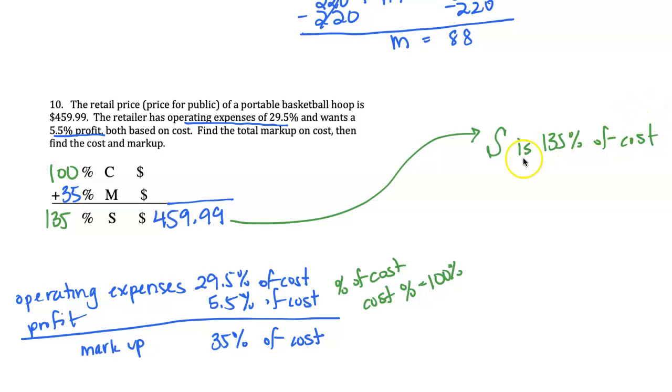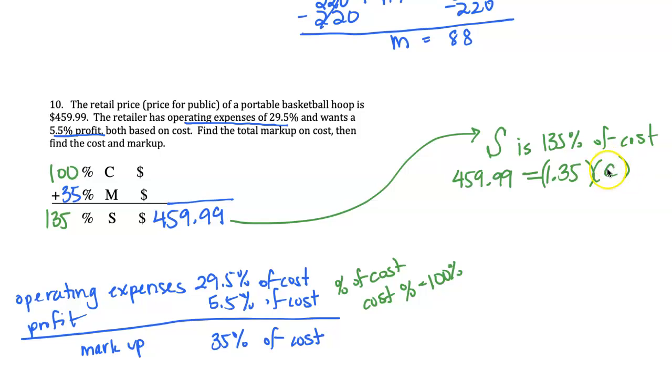So let's fill in what we know. The selling price is $459.99 is equal to, let's change that 135% into a decimal, 1.35. Of is times, and the cost we don't know yet.